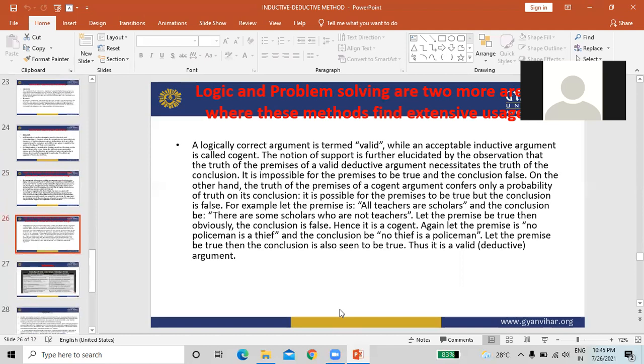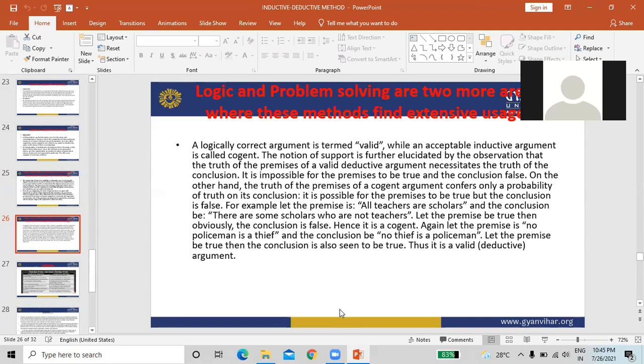A logically correct deductive argument is termed valid, whereas an acceptable inductive argument is called cogent.